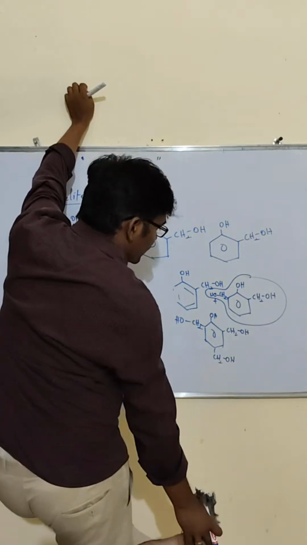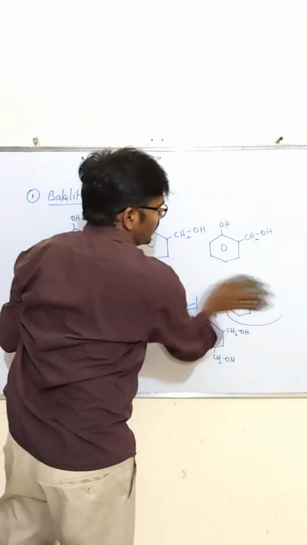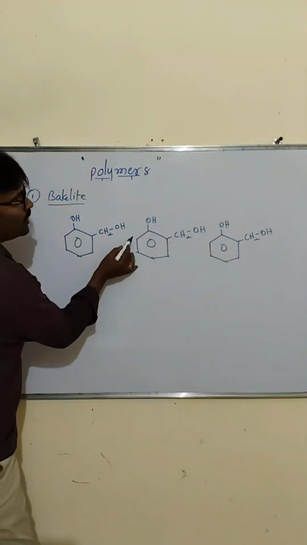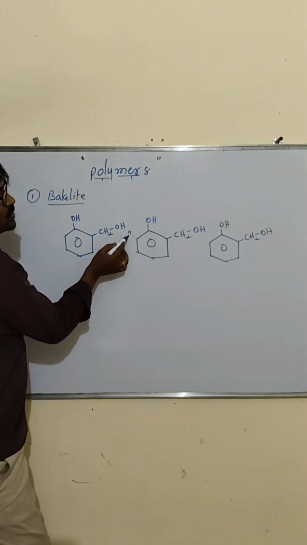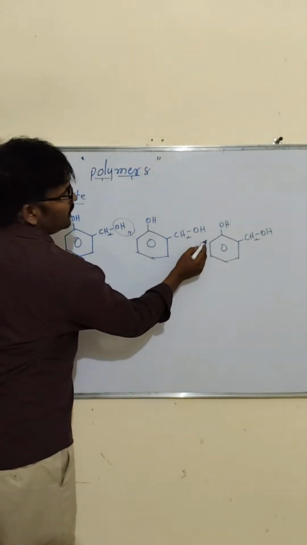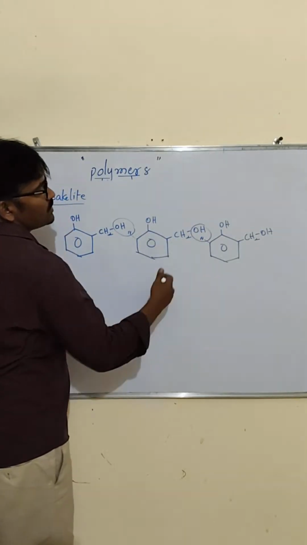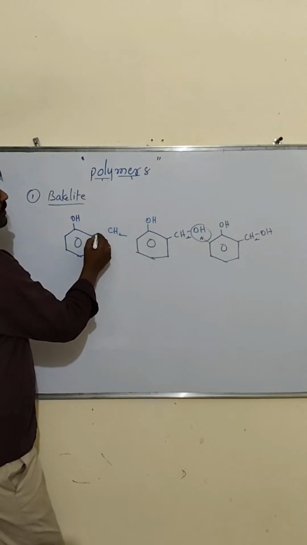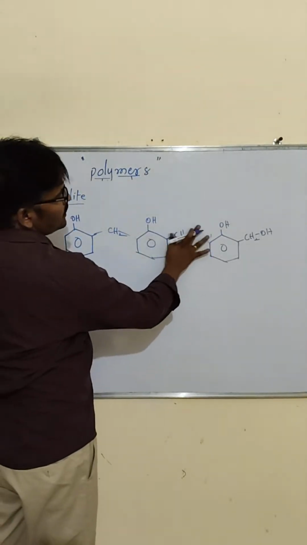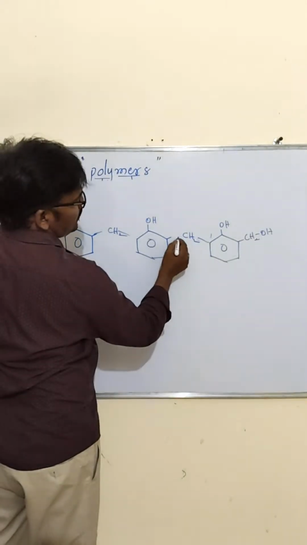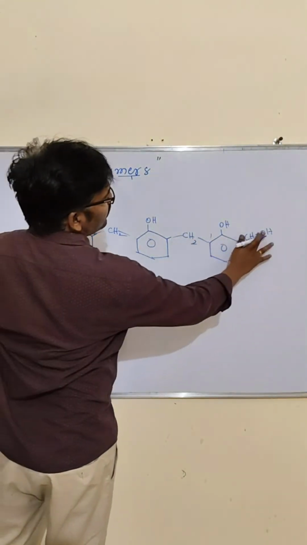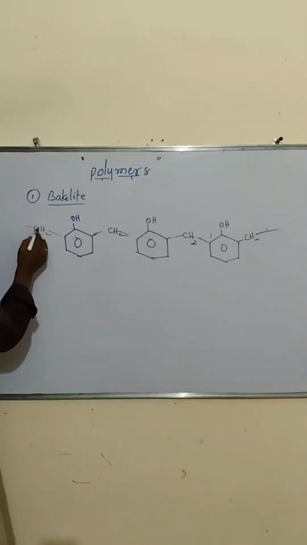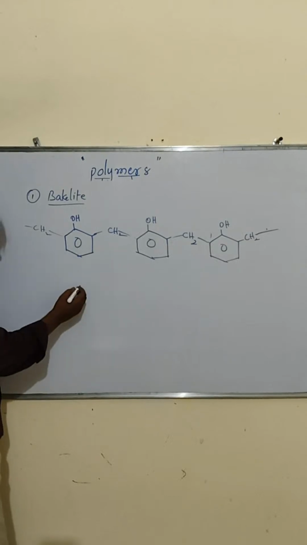So all these are connected with one another, by loss of H2O molecules. See, H from here, OH from here, H from here, OH from here. So in between them CH2 linkages will be formed. Even here also a CH2 linkage. Even the same polymer repeats once again.